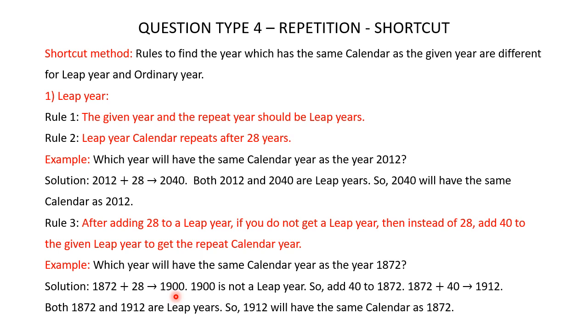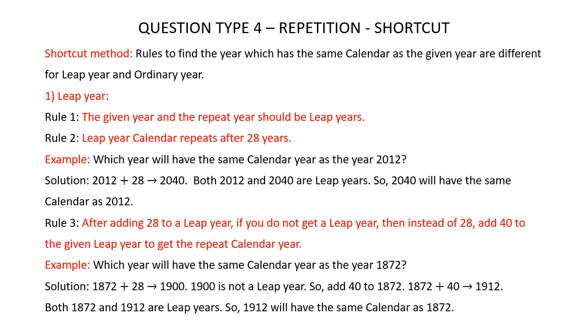Now 1900 is a century year which is not divisible by 400. This means that 1900 is not a leap year. Now since 1900 is not a leap year, instead of adding 28, we have to add 40 to the given year 1872.